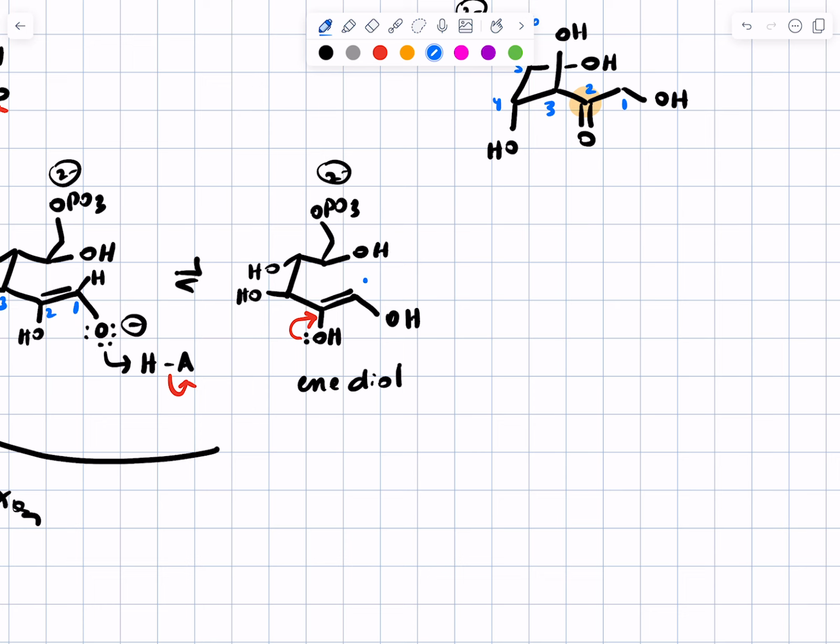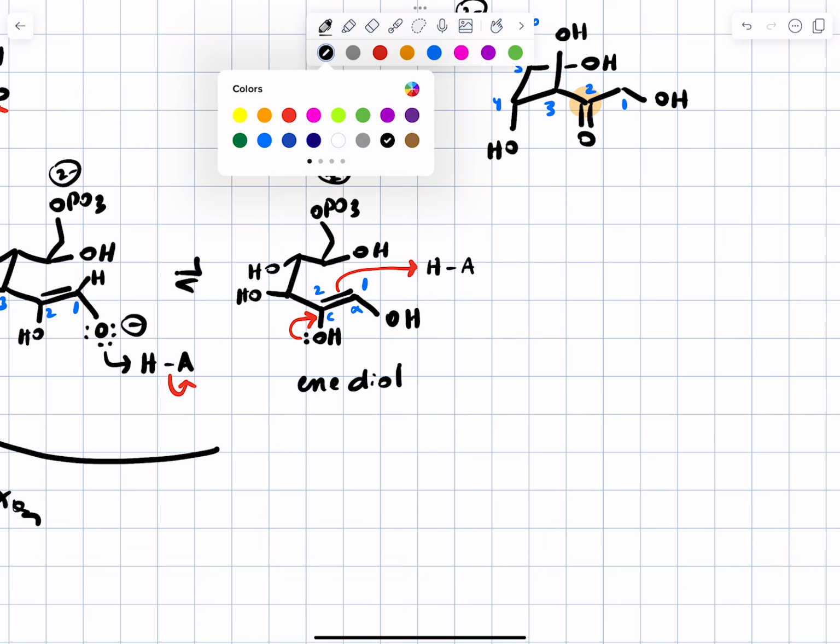Once I make the new carbon-oxygen pi bond, C2 becomes my carbonyl carbon and C1 becomes my alpha carbon. I'm going to pick up a proton from some acid, perhaps an enzyme side chain, perhaps water.